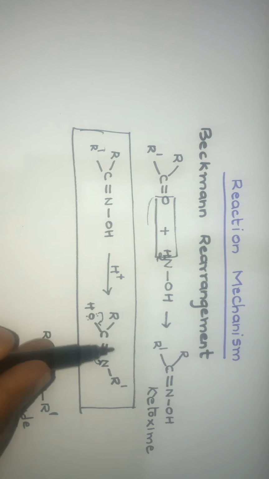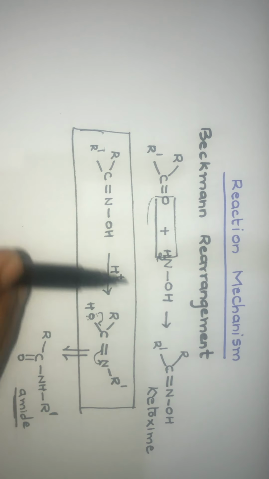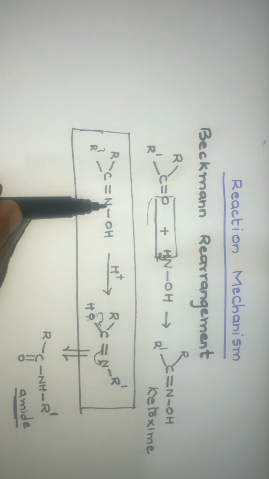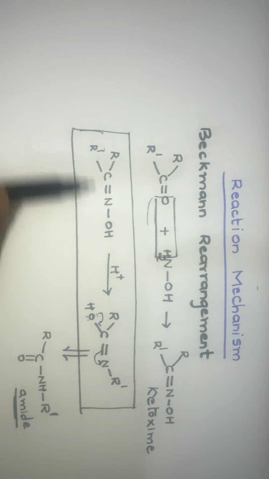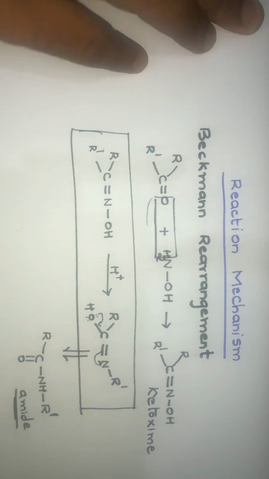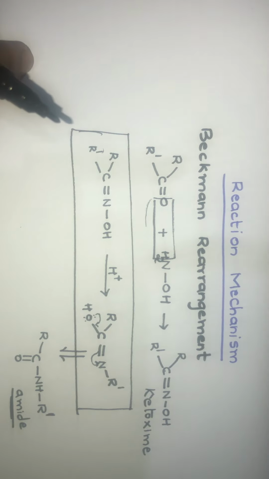I will tell you how actually the reaction takes place. So this Beckmann rearrangement involves the migration of group from carbon to nitrogen, and later on it results in the formation of N substituted amides. Okay, let us deal with the mechanism so that it will be easy for you to understand. So actually what happens in a Beckmann rearrangement is what we are going to discuss now. So mechanism.